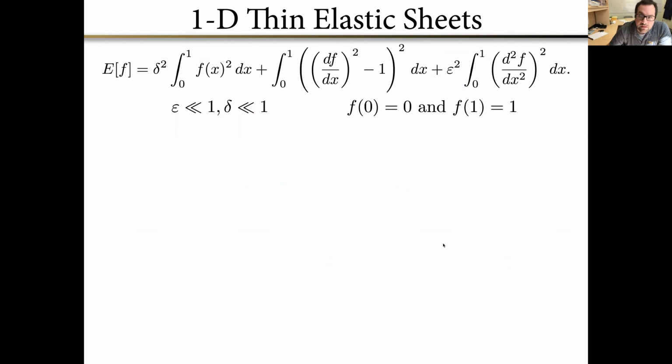An alternative approach is to make a good guess and prove that your guess is correct. So the guess for this system is to say, okay, the sheet wants to not stretch. So I'm just going to find solutions that set this term equal to 0.